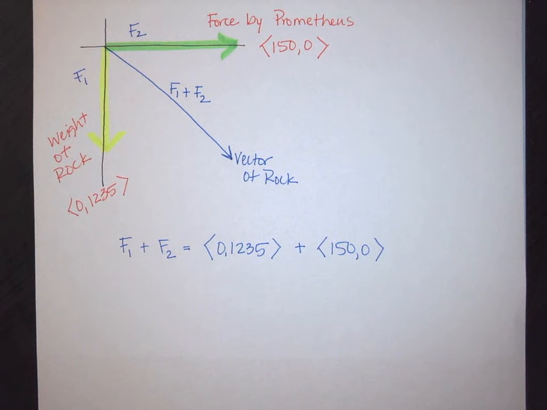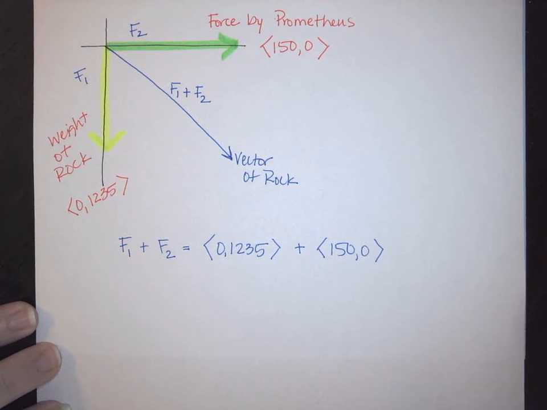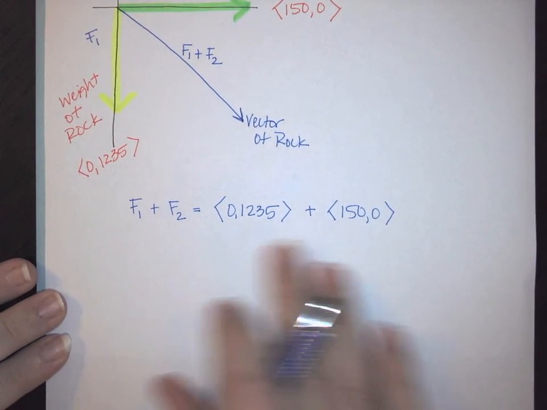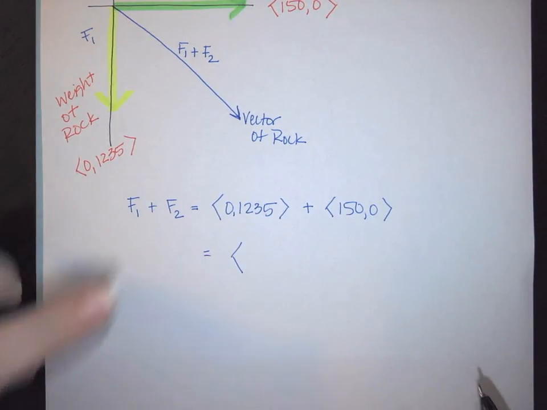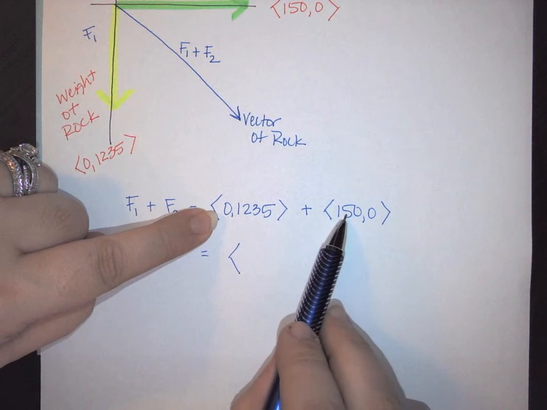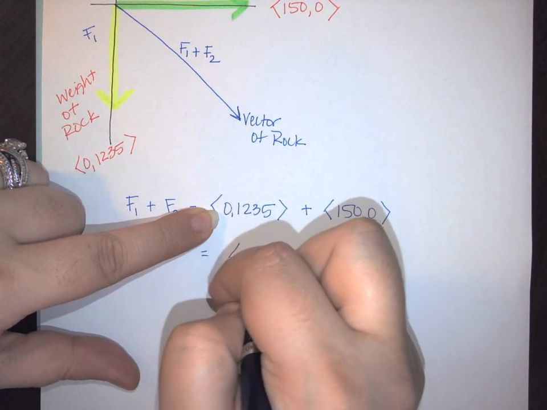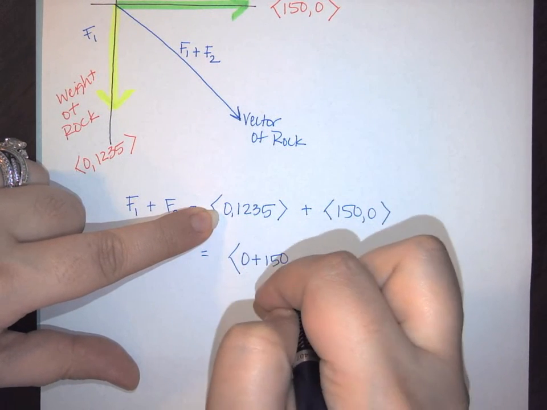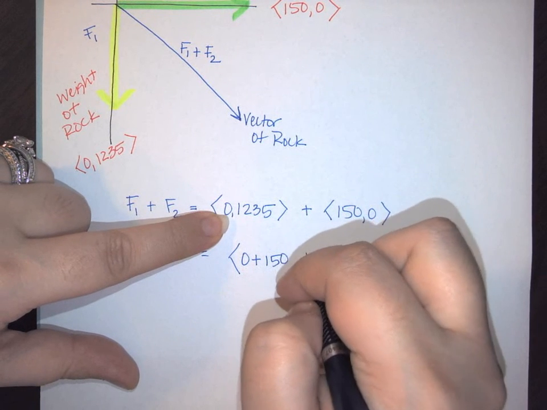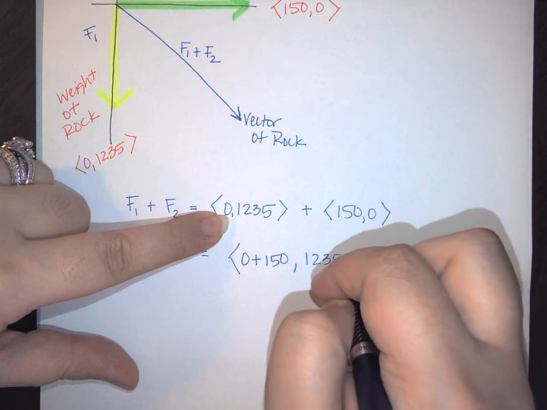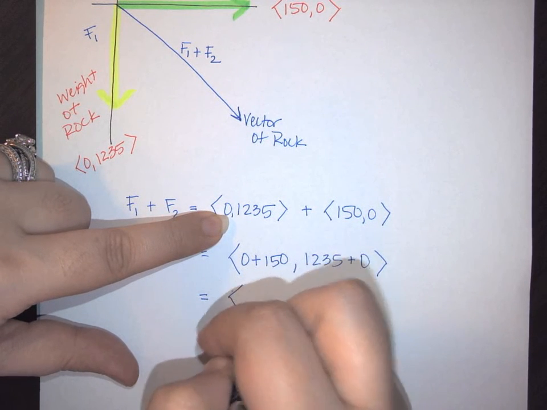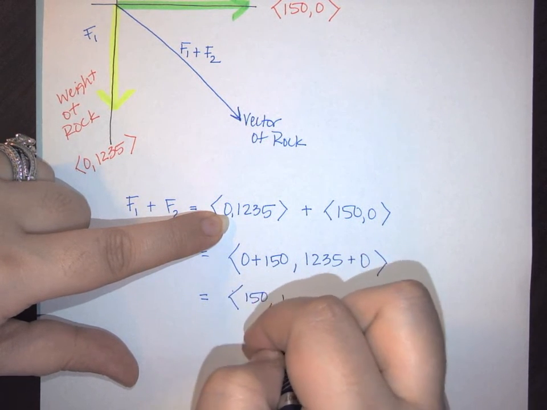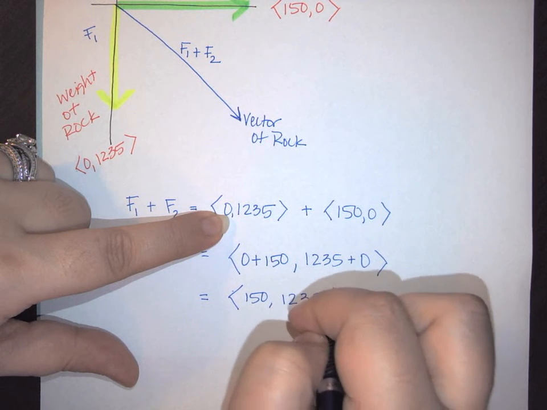So we have to do our vector addition to add this together. If you remember, it's going to be adding the components. So here this is going to be 0 plus 150, and then 1,235 plus 0. Simplifying the math, we get 150 and 1,235.